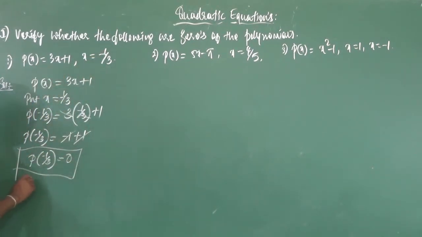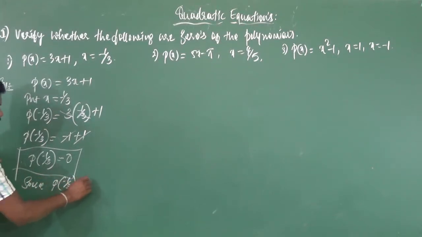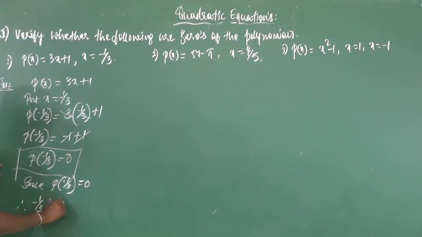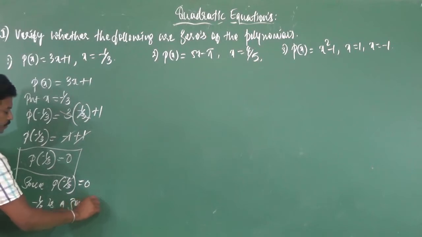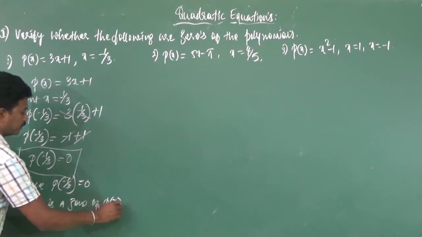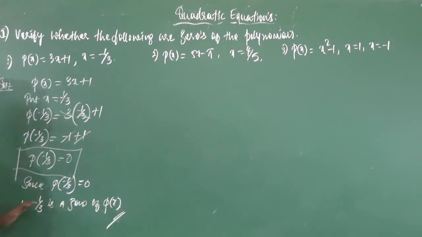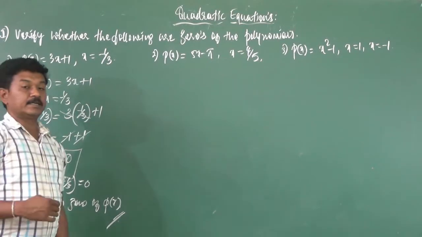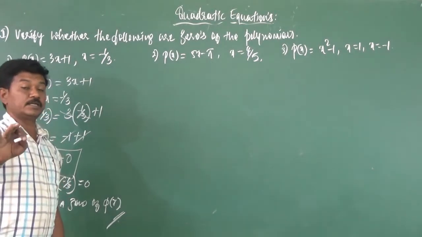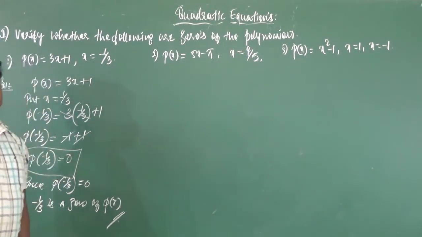So since you have to write this, since p of minus 1 by 3 is equal to 0, therefore minus 1 by 3 is a 0 of polynomial p of x. This is how we have to conclude. Giving a conclusion tells us that you have the knowledge of this particular problem, right?